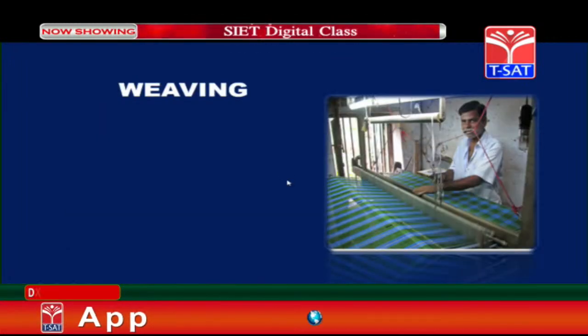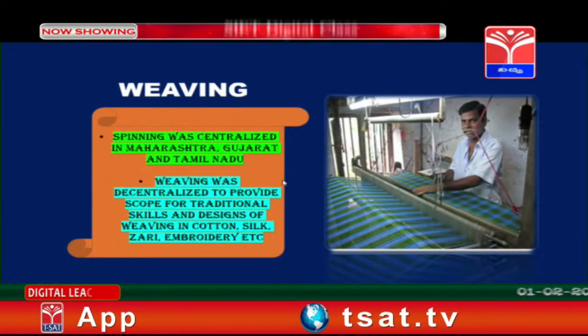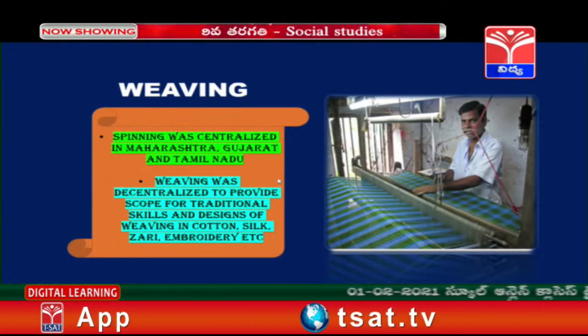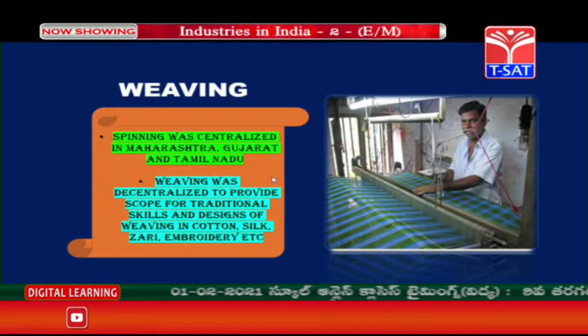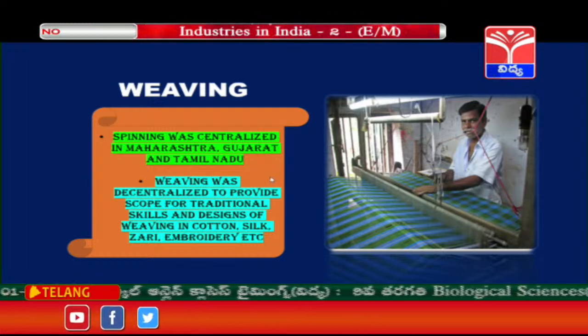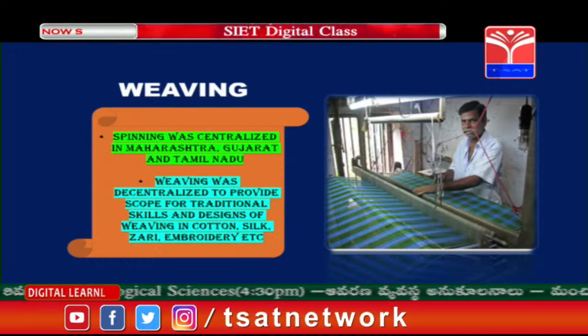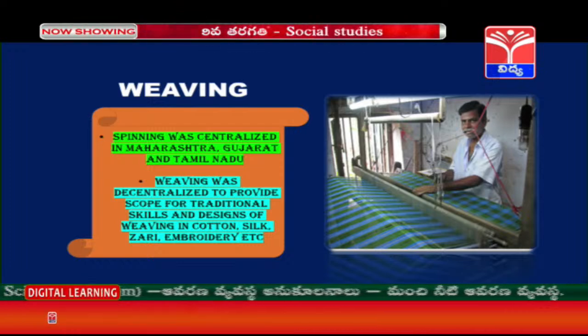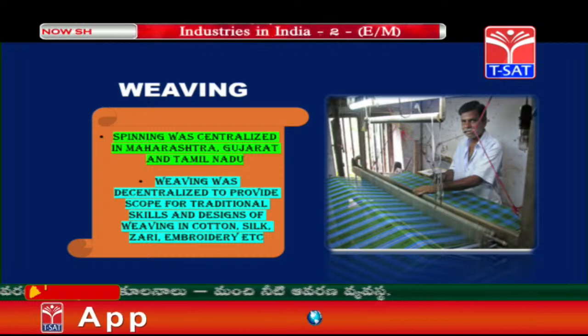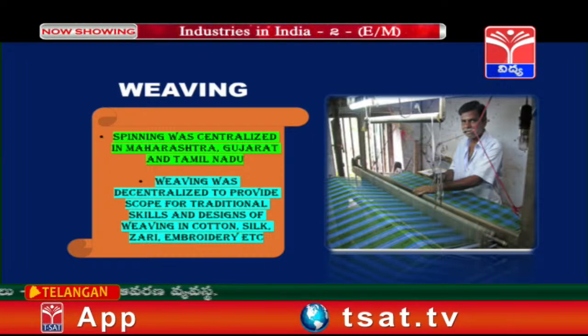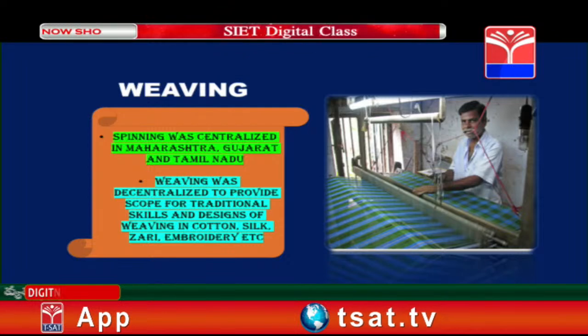Then weaving. Spinning was centralized in Maharashtra, Gujarat and Tamil Nadu, but weaving was decentralized. That means it was not concentrated at one place or in only a few parts of the country. It was spread to many states. So, what could be the reason for that?